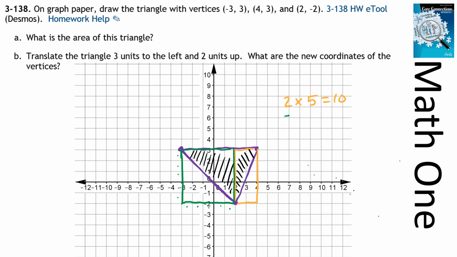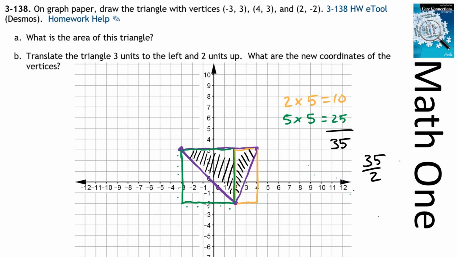So it's 5 by 5, which is 25. Now, the area of the triangle is not exactly the sum of those two. The sum of those is 35, and I say it's not exactly that because it's half of that. So the area of our triangle is 35 divided by 2.